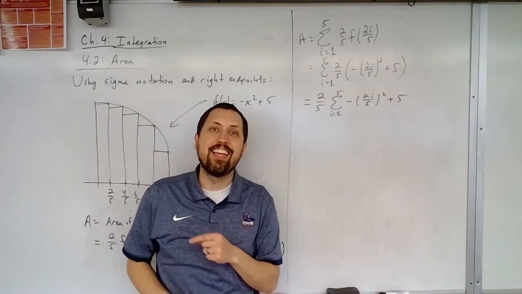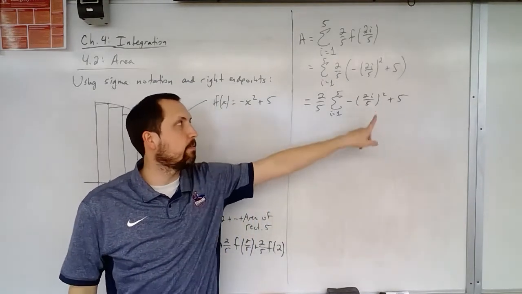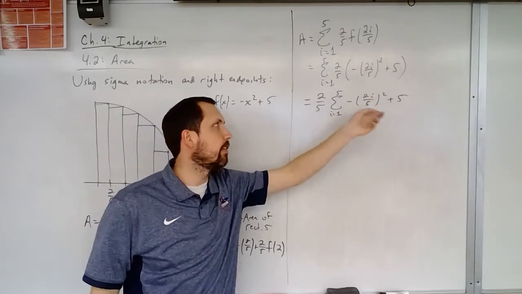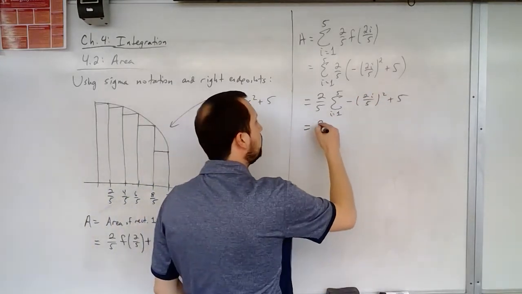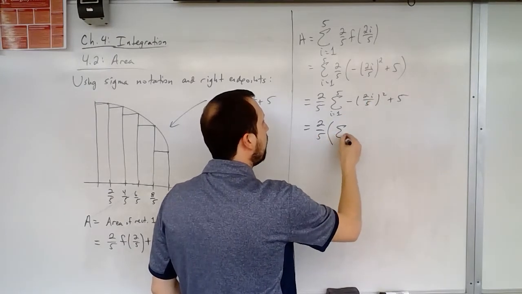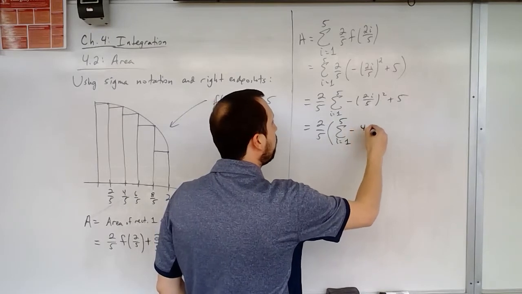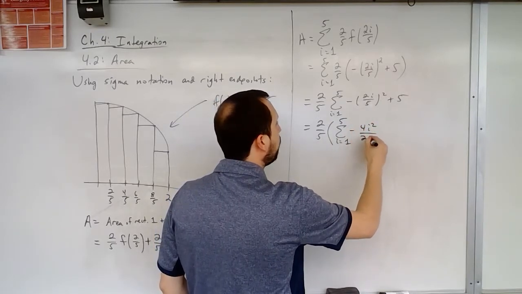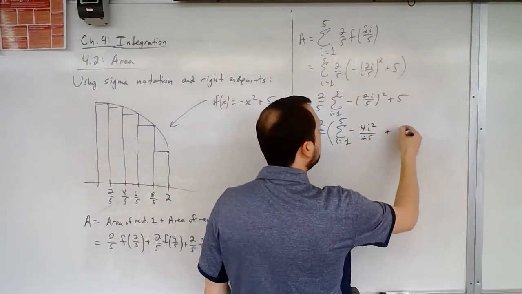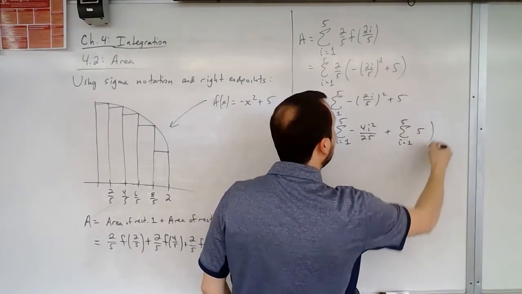Pull out the constant. Now what I could do next is separate this into 2 sums. At the same time, I'm also just going to square this just because I can. So this is going to be 2/5 times the first sum, the sum from I equals 1 to 5 of negative 4i squared over 25, plus the sum from I equals 1 to 5 of 5.